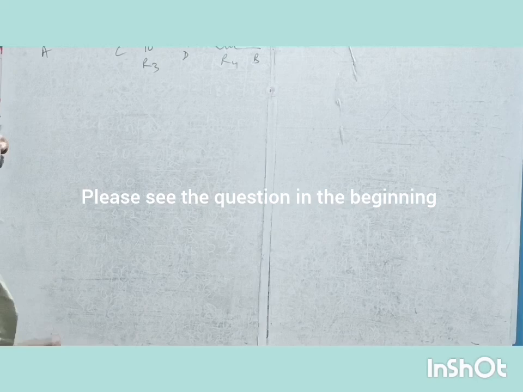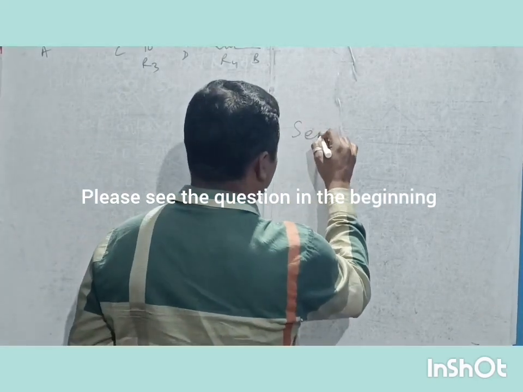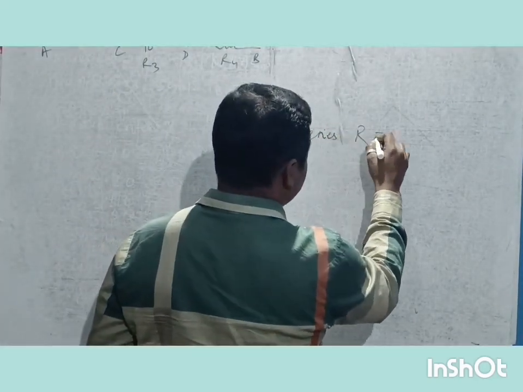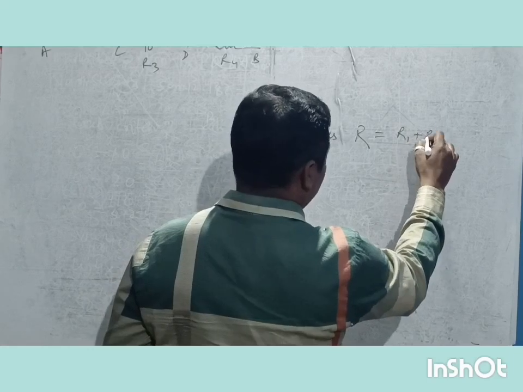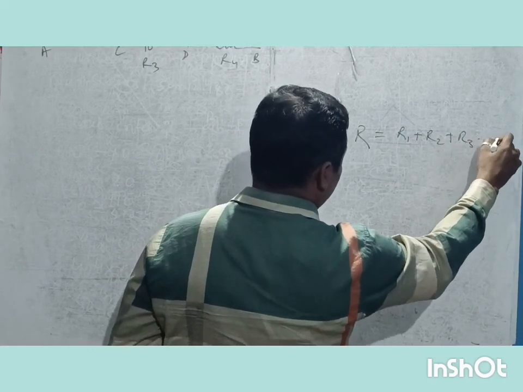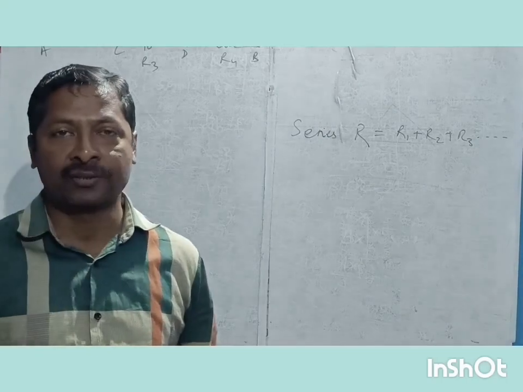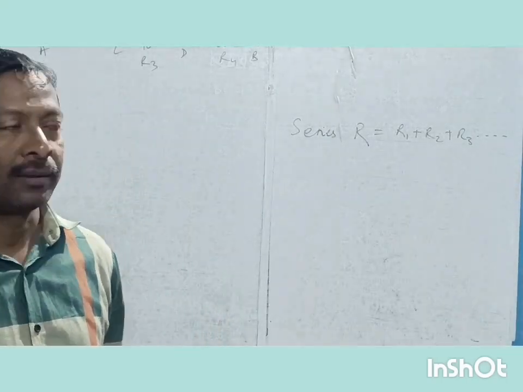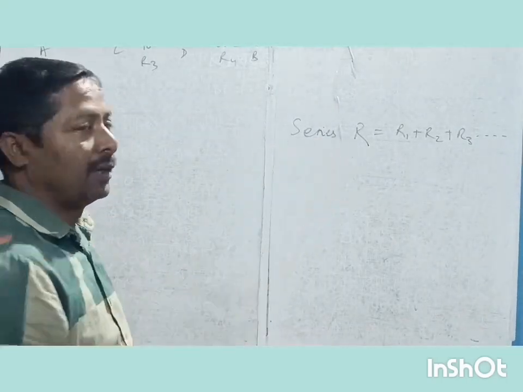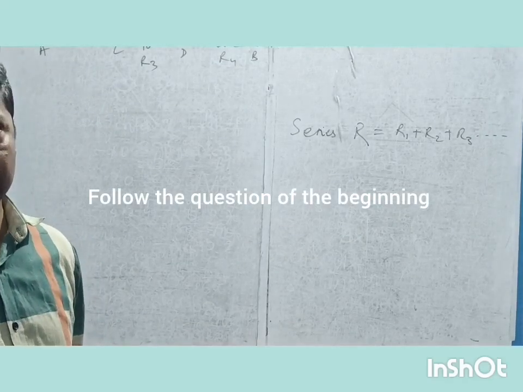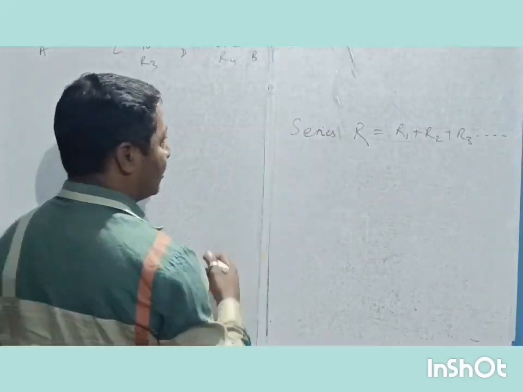In series connection, the equivalent resistance R is the addition, or sum, of all the resistors. Just the sum of all the resistors. This is the equivalent resistance.